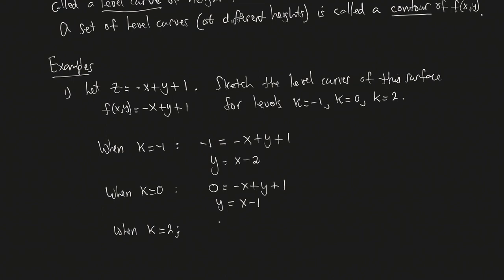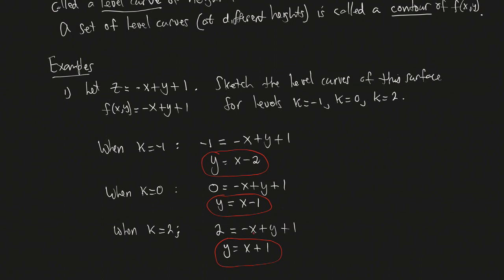When k is equal to 2, we fix our z value at 2, and we end up having the same expression, x plus y plus 1. Again, same thing: add x, subtract 1, and we end up with y equal to x plus 1. Now, each of these equations, let me circle them, is simple enough that we can express them in explicit form.